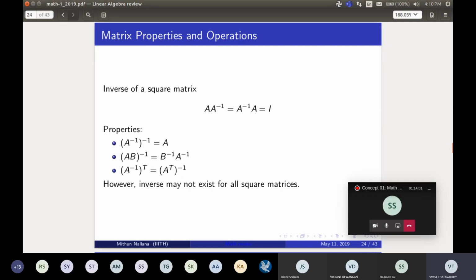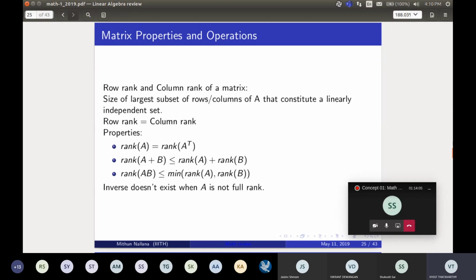And we said that an inverse cannot exist for all square matrices. So when will that happen? When we say that the inverse doesn't exist, it means that A is not full rank. For example, take a 3 cross 3 matrix where two of the rows are linearly independent, and the third row is just the sum, or any linear combination, of the first two rows.